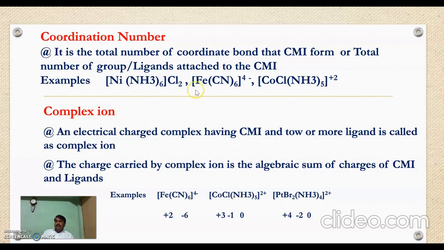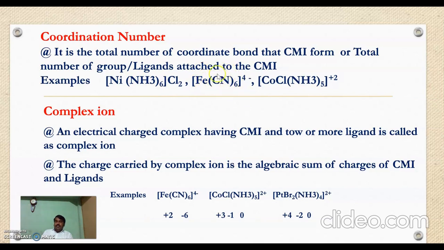For example, in hexaamminenickel(II) chloride, the 6 ammonia molecules are directly attached to the nickel. Then the coordination number of this complex is 6. Here the 6 cyanide ligands are directly attached to the iron.